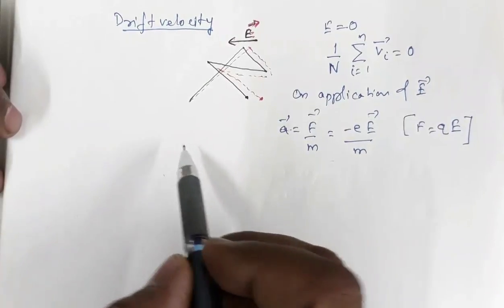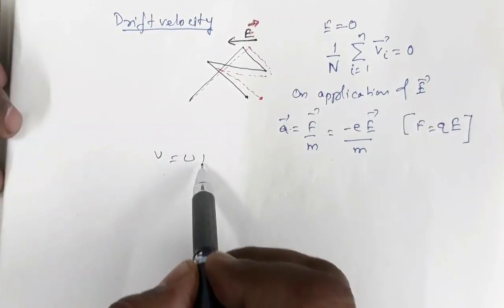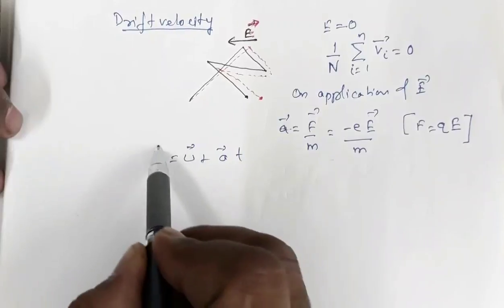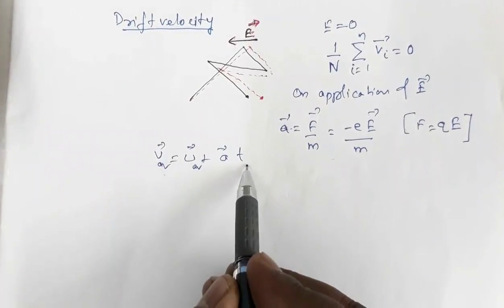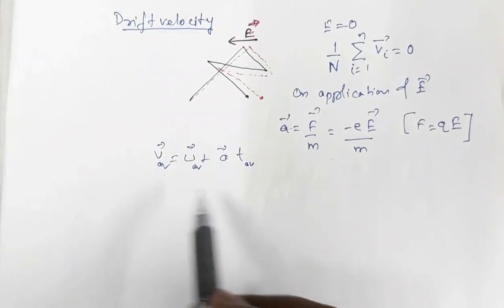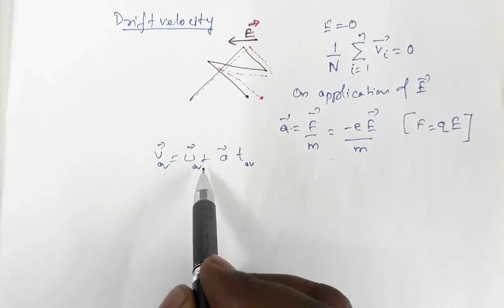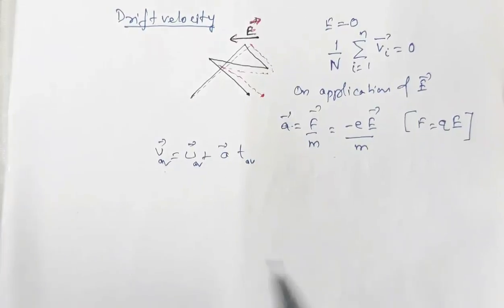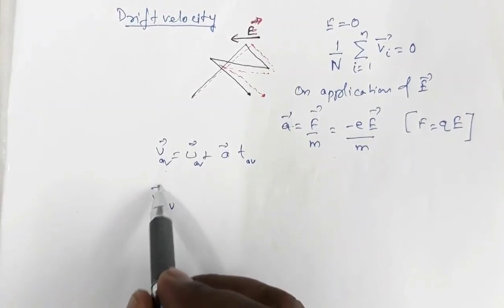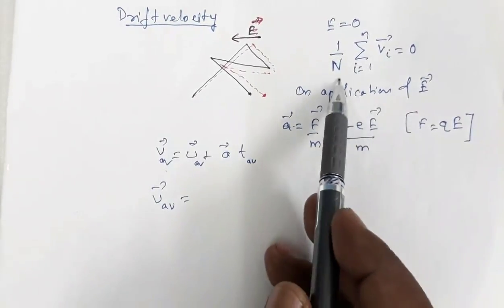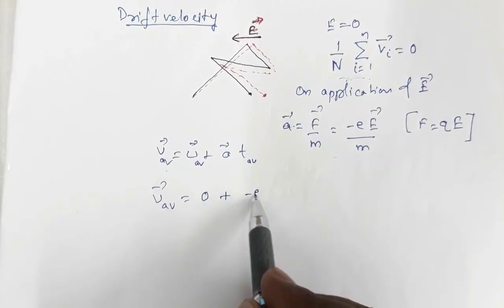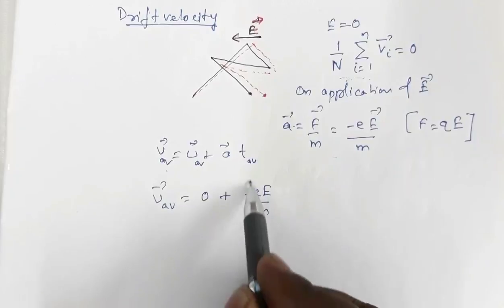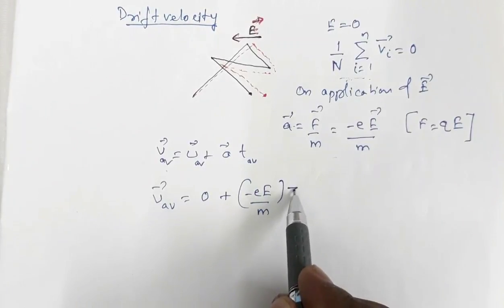Okay, if I use the equation of motion, v = u + at, and take the average values: average value of final velocity, average value of initial velocity, average value of time. So v average is equal to u average. Initial average velocity is already 0, so 0 plus (−eE/m) times tau.